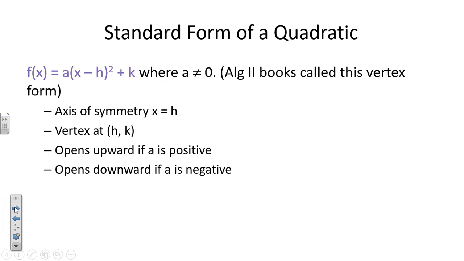this is what our book calls the standard form of a quadratic equation. It was known as vertex form in our Algebra 2 books. So f of x is equal to a times the quantity x minus h squared plus k.